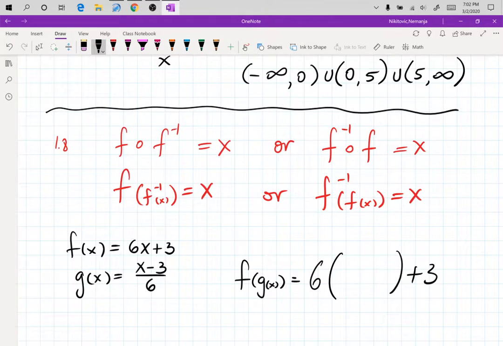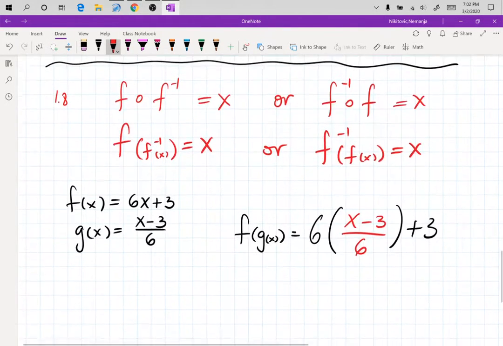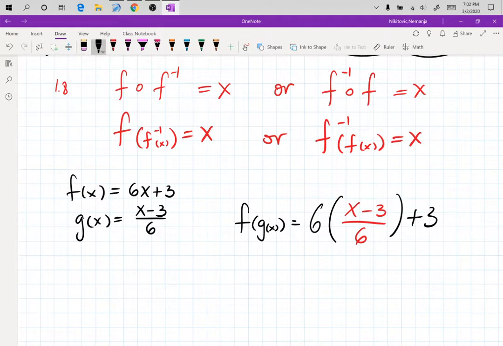This is the way we calculate function composition. Every x of f will be replaced by g. So g goes in here. Now I compute this.